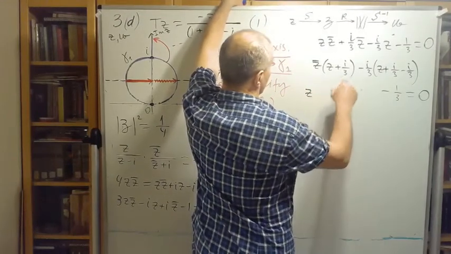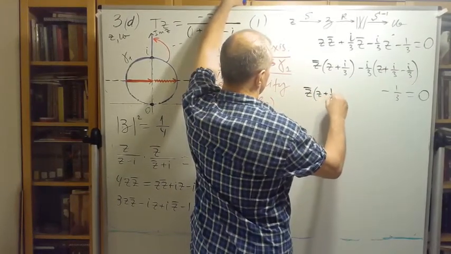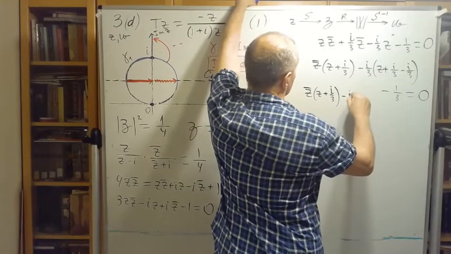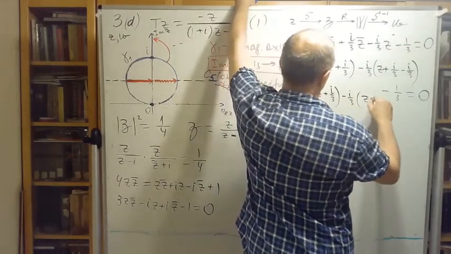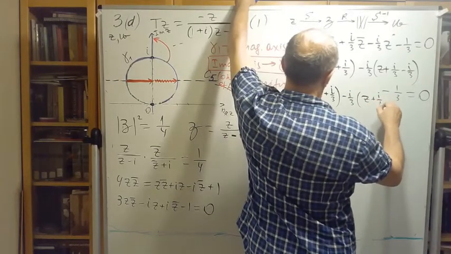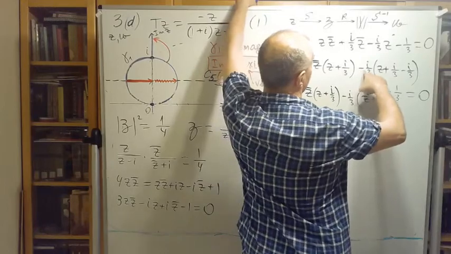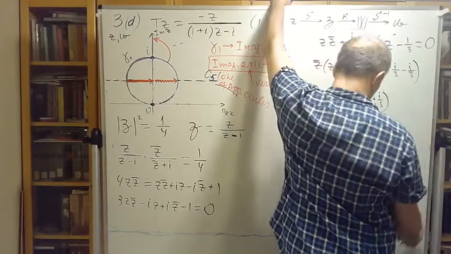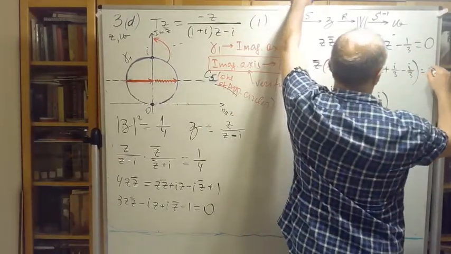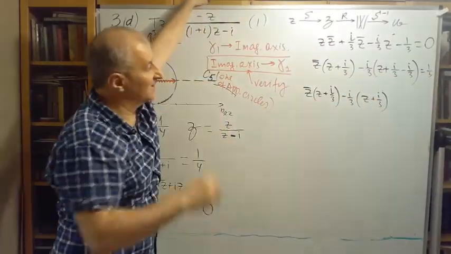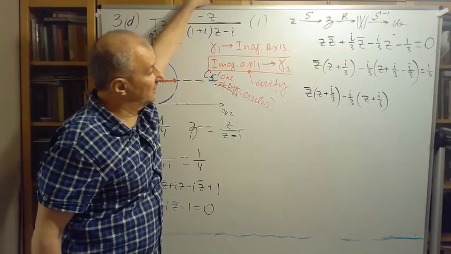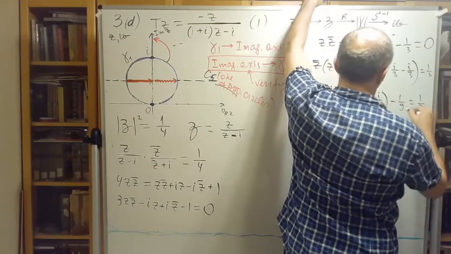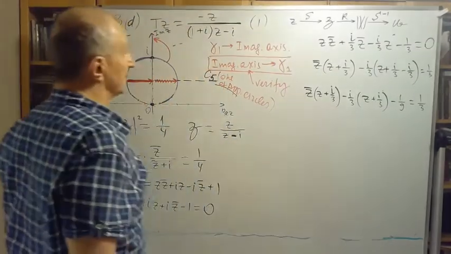So we have z conjugate times z plus I over 3, minus I over 3 times z plus I over 3, and here will be negative I over 3 and negative I over 3, minus 1/3, and it will be negative 1/9, equals 1/3. Okay, did we do everything right?